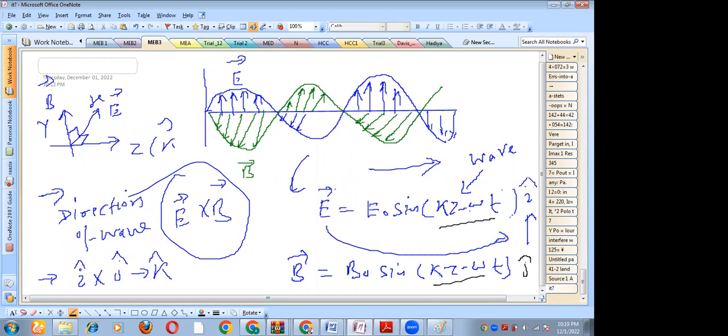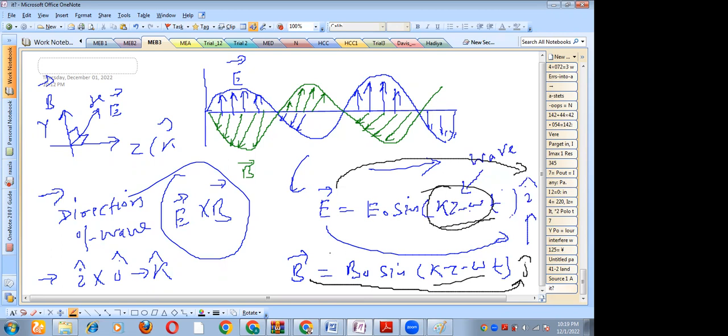If electric field is along x direction, we will give it as i. If magnetic field is along y direction, we will put it as j. Also we have to see the sign inside. If the wave is moving along plus Z, we will give a minus sign.